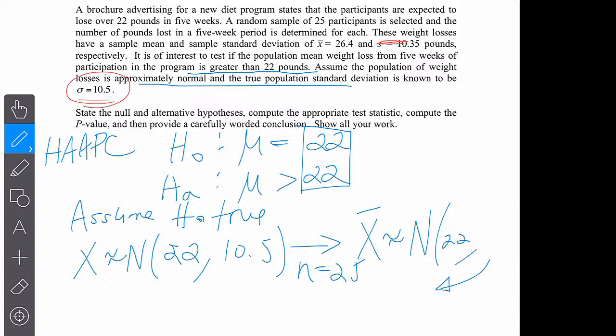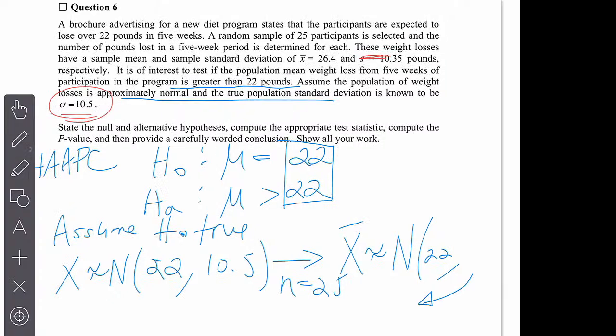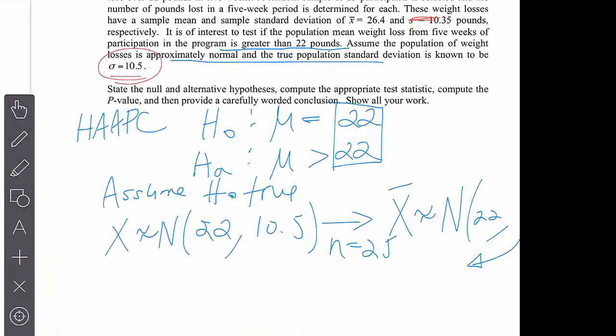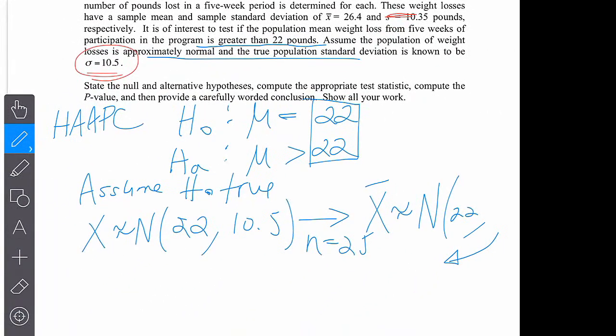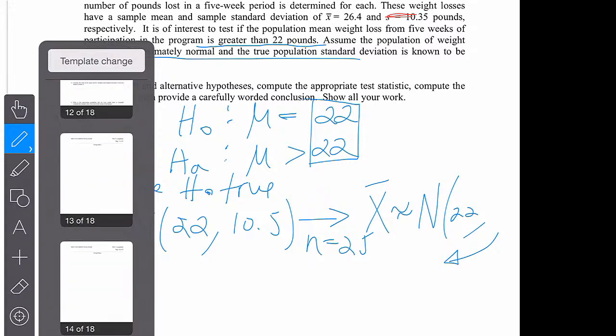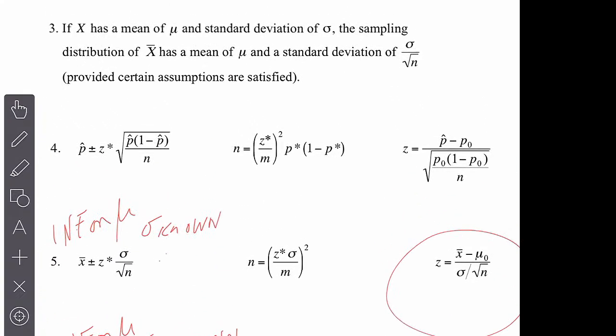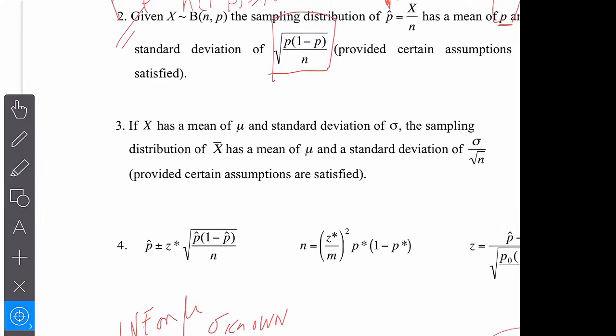Now to get the standard deviation for the sample, this result comes from formula number 3 on the formula sheet. So like we just use everything on the formula sheet. This result comes from here, where I explain if X has a mean of mu and a standard deviation sigma, the sampling distribution of x bar has the same mean, and a standard deviation that's smaller by a factor of root n.